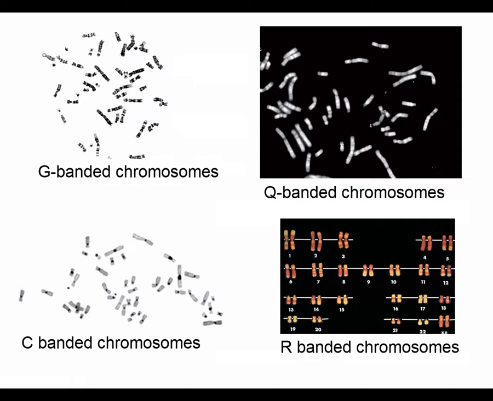And so when you want to look at chromosomes and identify them, classify them and name them, as we do in human genetics, you have to be able to see the chromosomes. You have to stain the chromosomes. And the way that you stain chromosomes is part of a process we call karyotyping.